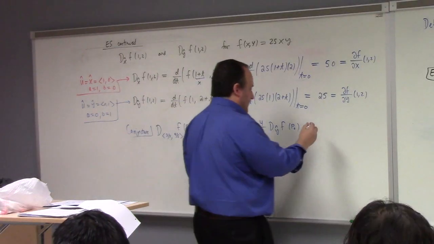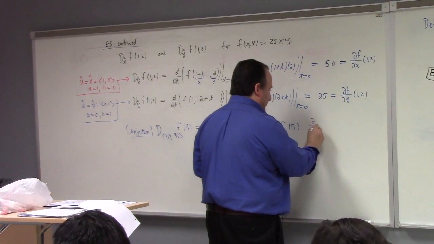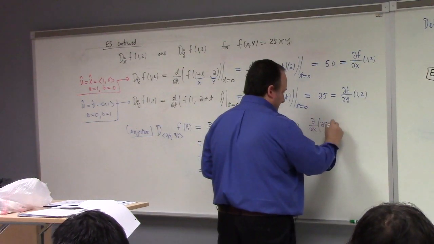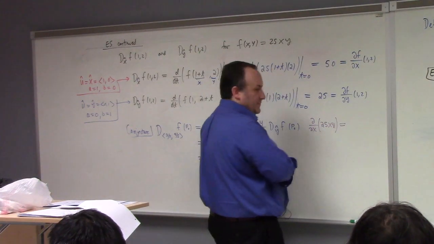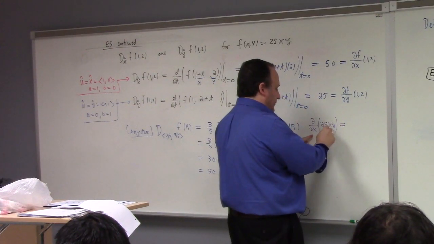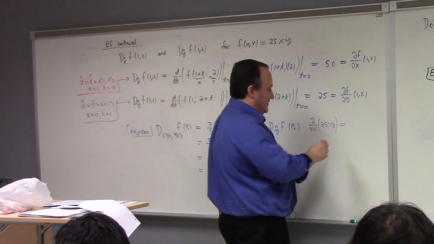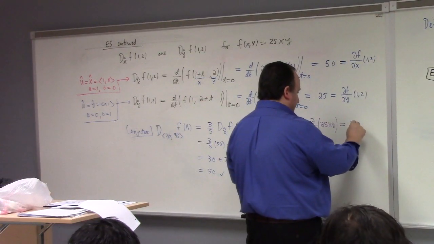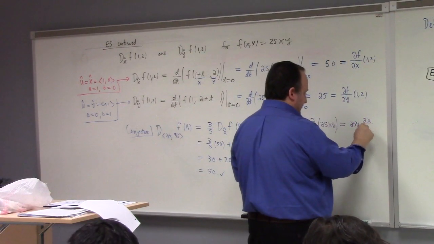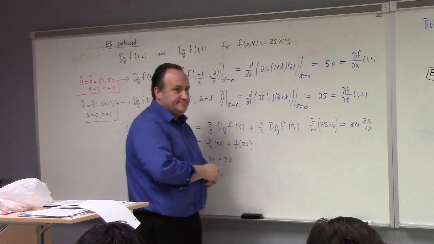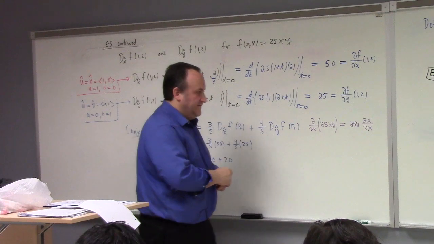But all right, so here's the deal. Partial x of 25xy. Because we're holding y as a constant, we can pull it out of the differentiation and the 25 as well. So this is 25y times partial x of x, which is 25y.